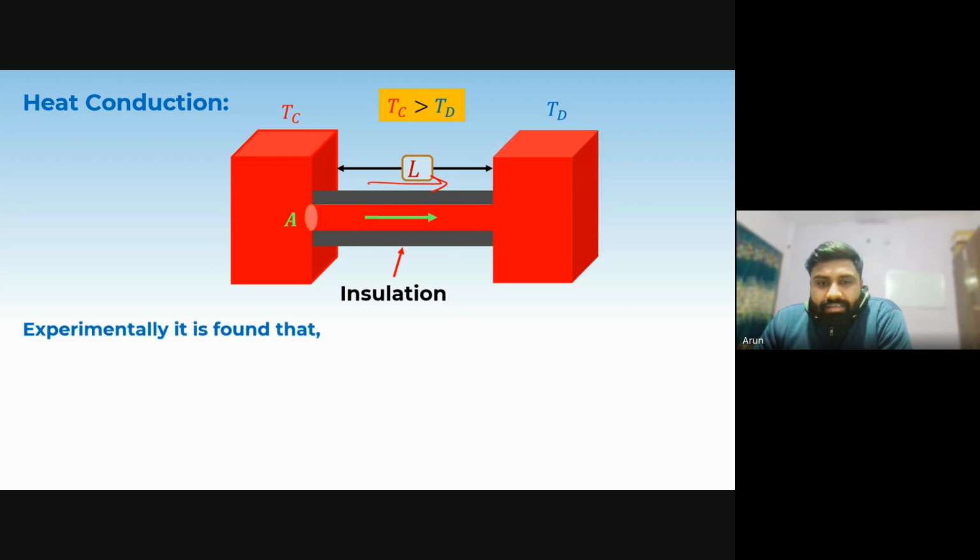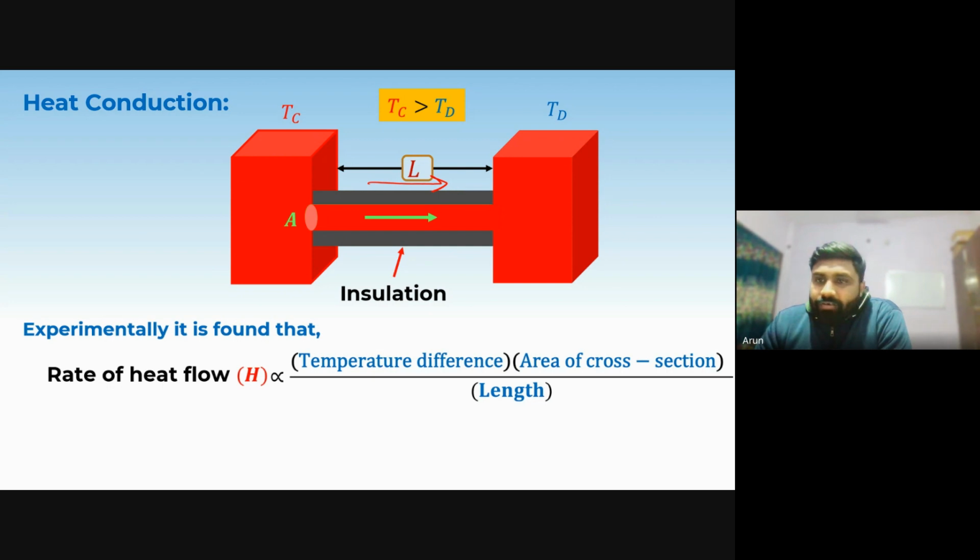So experimentally, what has been found is that the rate of heat flow that we want to measure, dQ by dt, heat transfer per unit time, is directly proportional to the difference in temperature and the area of cross section of the transferring medium, and inversely proportional to the length.